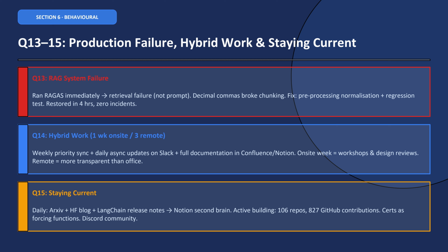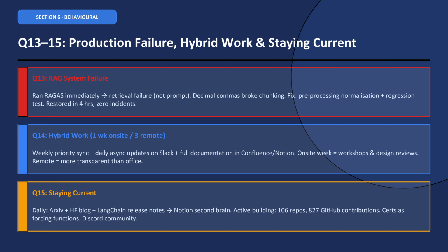Question 13. Tell me about a time a RAG system you built failed in production. Be direct. Don't hide from this question. Everyone who has built production RAG has had failures. Here is the story. A RAG system started returning incorrect data after a batch of new documents was ingested with a different formatting style.